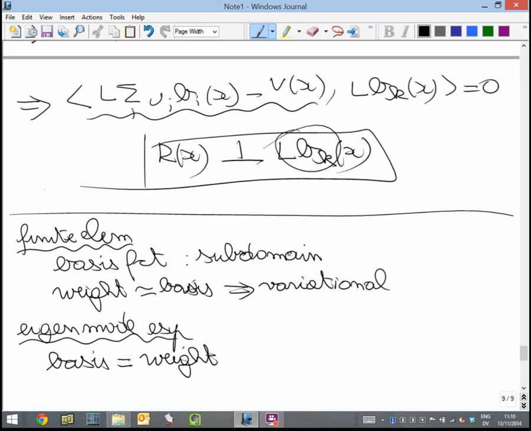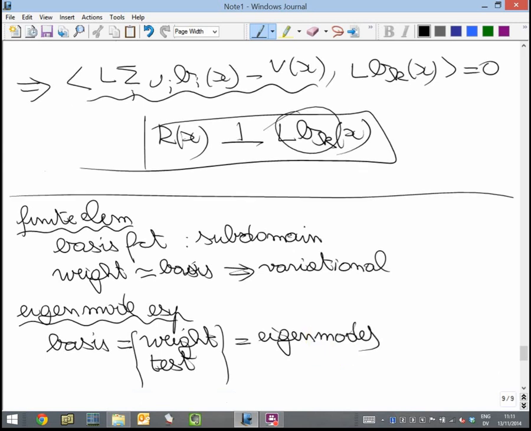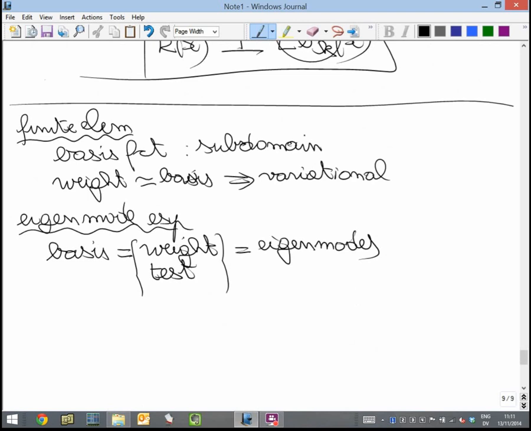By the way, sometimes people also call these weighting functions the test functions, but that's the same terminology applied to the same concept. And in this case, both the basis functions and the weighting functions, they're the eigenmodes in the waveguide. So this is what is common between them.